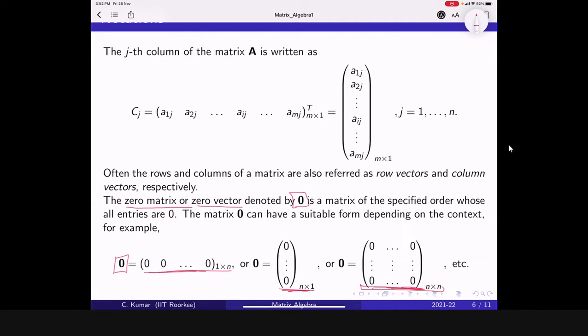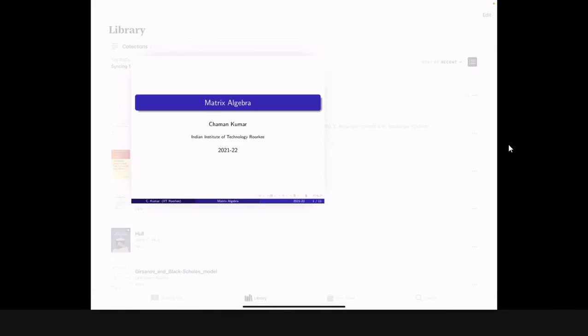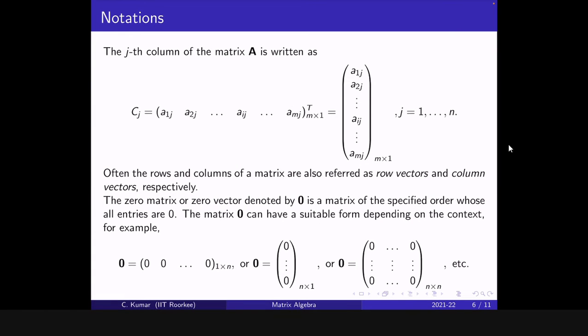Question, sir. Yes. The screen is not updating. You have shared the screen, but the screen is fixed on that slide. It's fine on my side. Yes, sir, it's fine. The screen is updating when I move the slide. Who was facing this problem? Can you exit and then rejoin and then see if you are able to see it or not? Okay, sir.